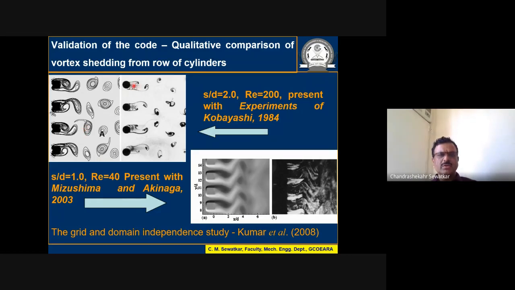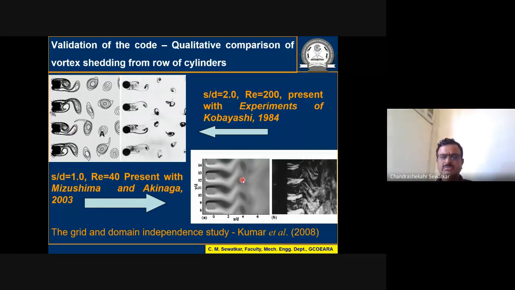You can see the vortex shedding is occurring behind all the cylinders. The essential phenomena of vortex shedding are also captured by us, and this indicates that we are able to capture the essential phenomena of vortex shedding around all the bodies. Although the form of the cylinder is different, these are square, these are circular, we are also able to capture similar phenomena although our bodies are square in shape.